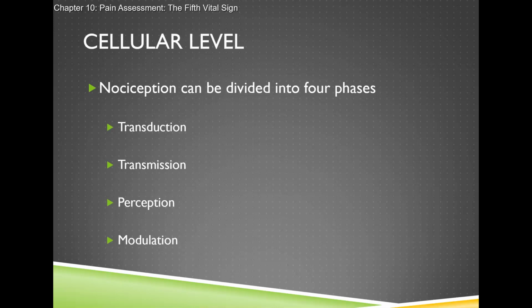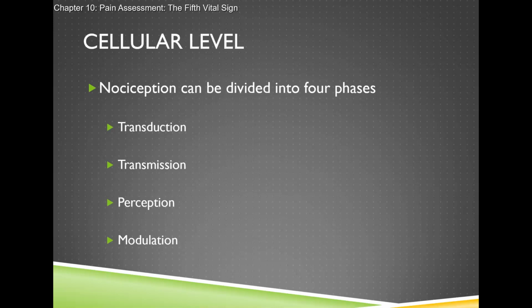So you got the transduction, transmission, perception, and modulation. I'm going to say once again that you need to know what each of these are. Transduction, you need to think about the actual injury, release of histamine, and then transmission is when the signal goes to the spinal cord, right?